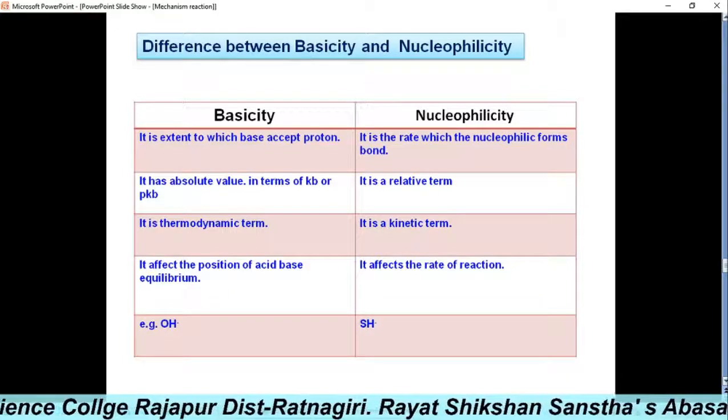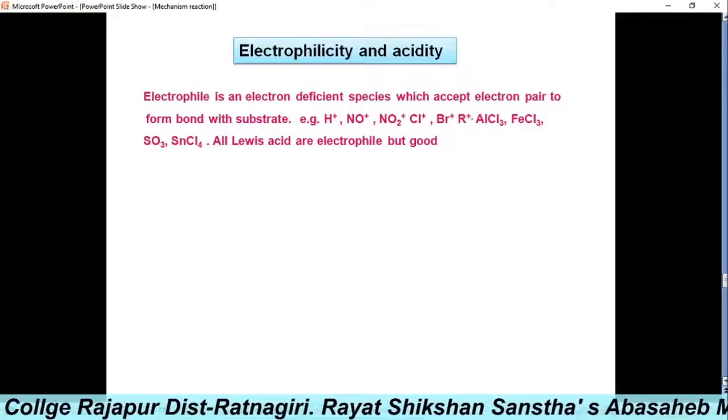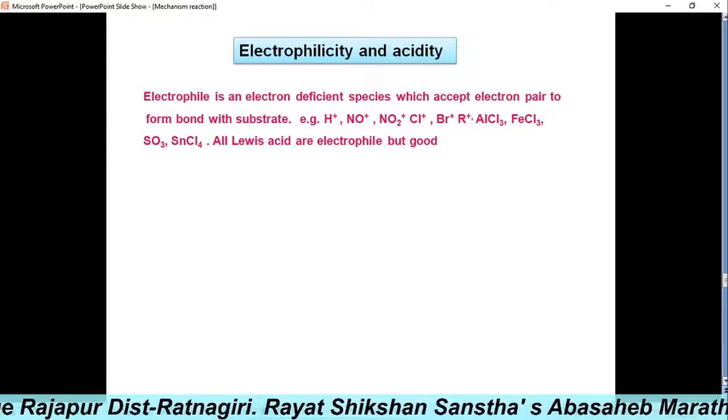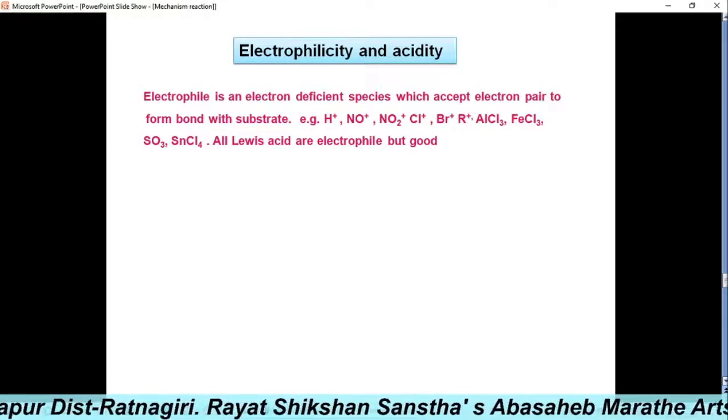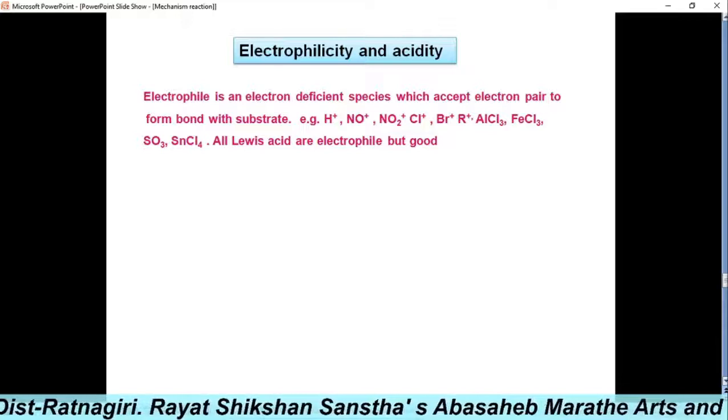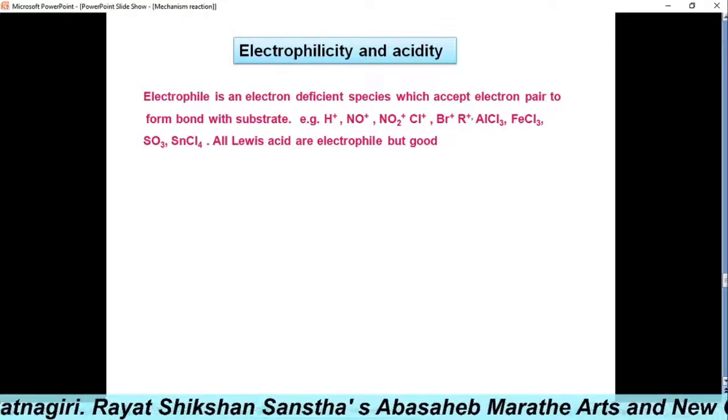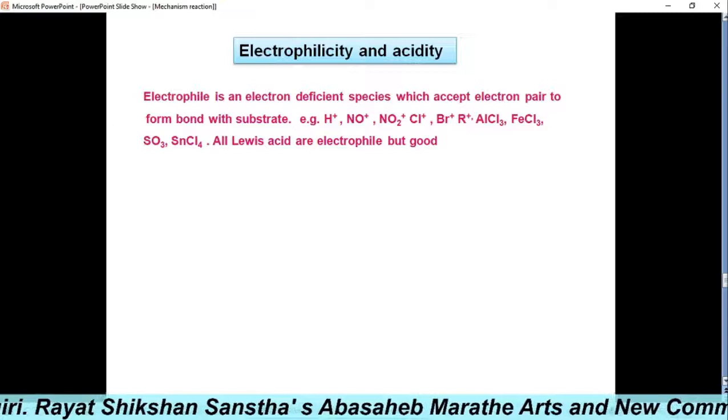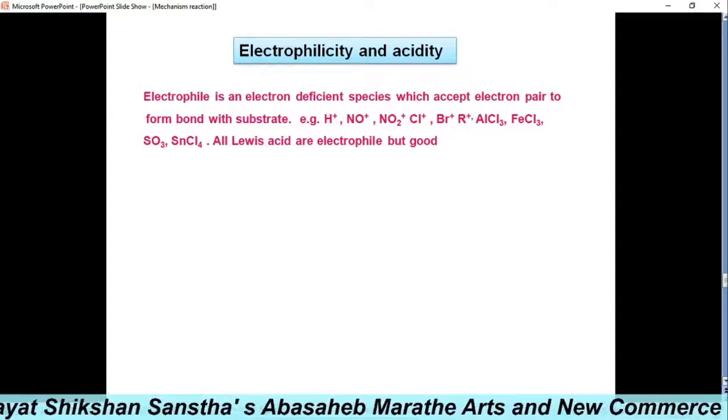We have seen basicity and nucleophilicity in detail. Now we are going to electrophilicity and acidity. You know that nucleophiles are electron-rich species which attack electron-deficient species.